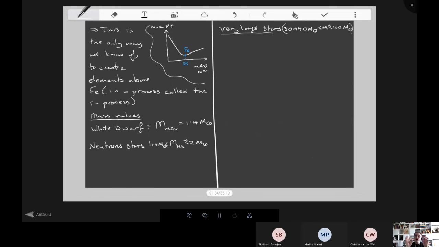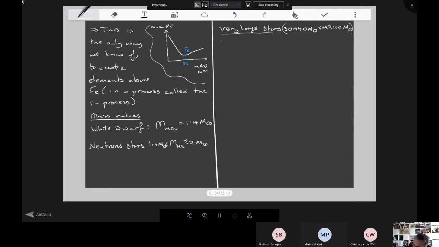You can have two stars, which is quite common, in orbit around each other, and if one of them is much bigger than the other, it can end up sucking in material from the smaller star and making itself even bigger. So we have lots of empirical evidence that stars can interact with each other and exchange material.